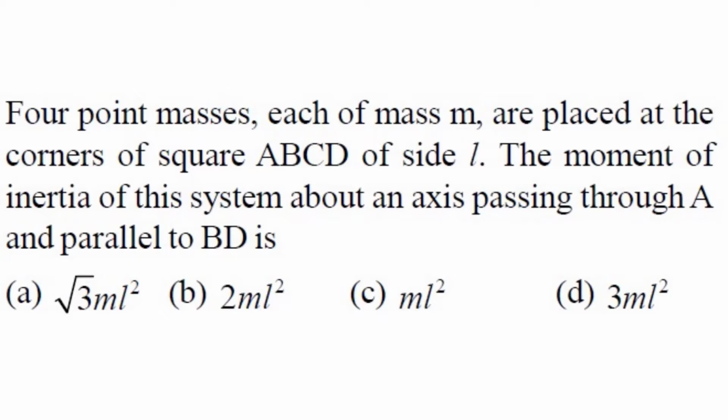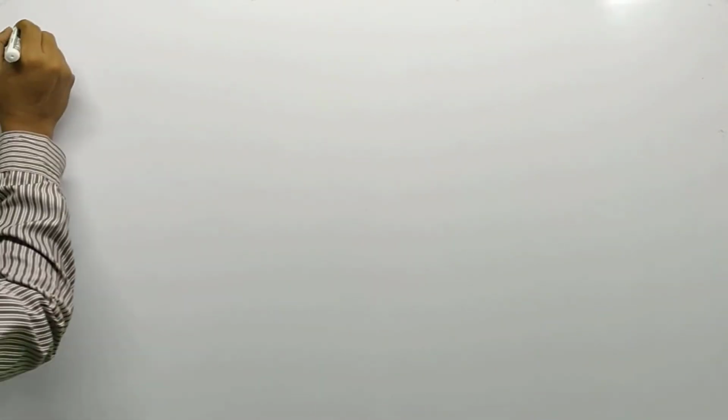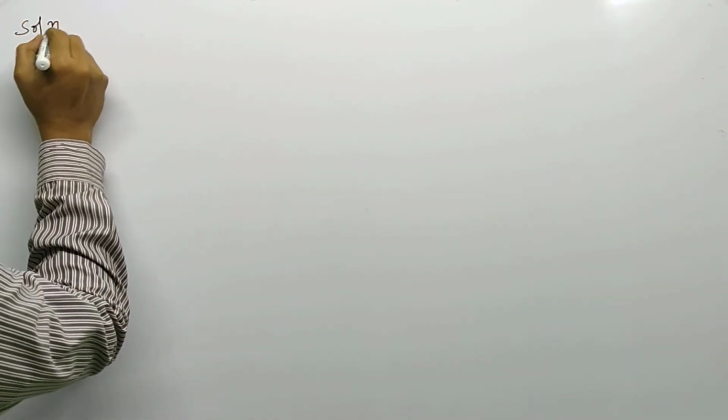Four point masses, each of mass small m, are placed at the corners of a square ABCD of side L. The moment of inertia of this system about an axis passing through A and parallel to BD is? Solution.